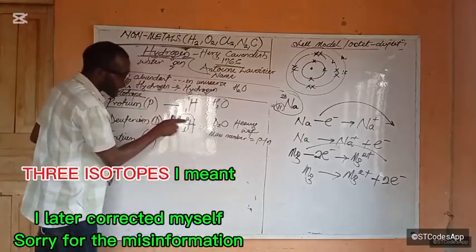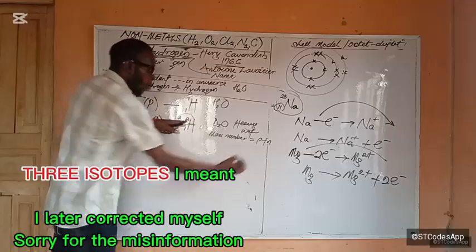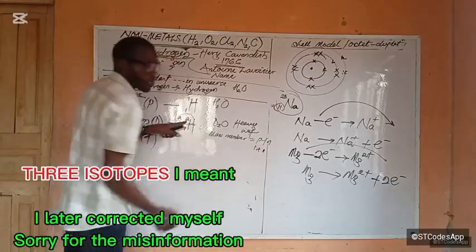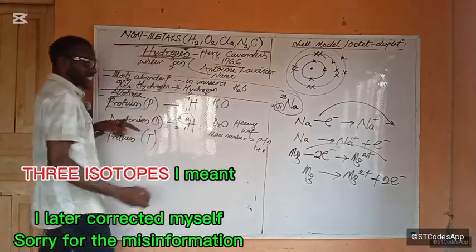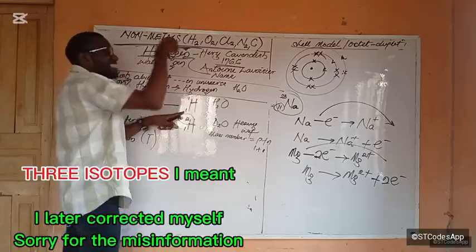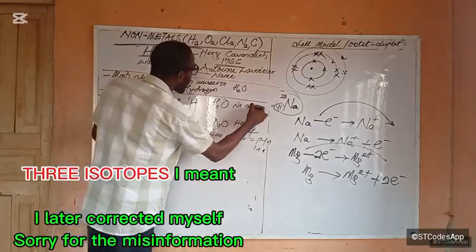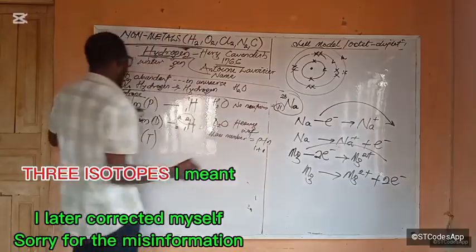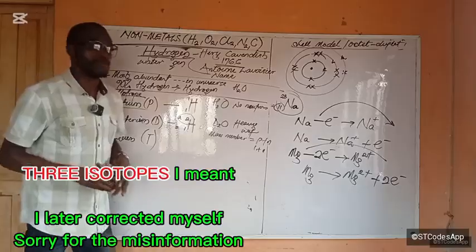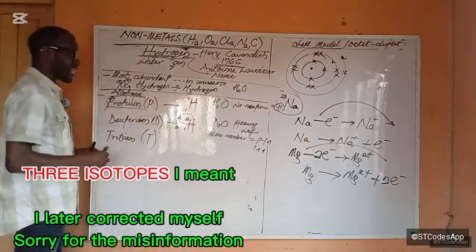Since you are seeing 2 here and 1 proton, it means the mass number is 1 proton plus 1 neutron. Exactly. But here, number of protons is 1, so the only thing this guy has in his nucleus is a proton, no neutron. Don't forget which allotrope of hydrogen does not have a neutron. It is protium. So it's only a proton that it has.